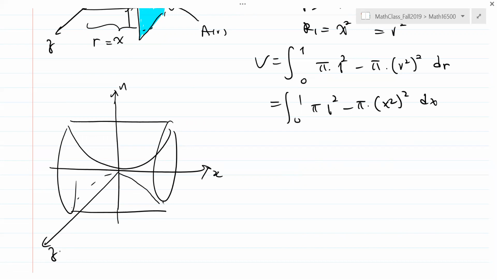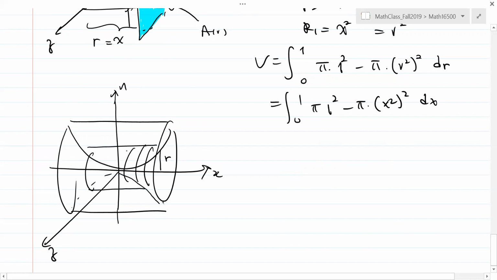That means I can see the points in the solid with the same distance to the fixed axis, which is R. If that area is A(R), so the volume is going to be the integral of A(R) dR, R from 0 to 1. That's it. Again, the same formula.